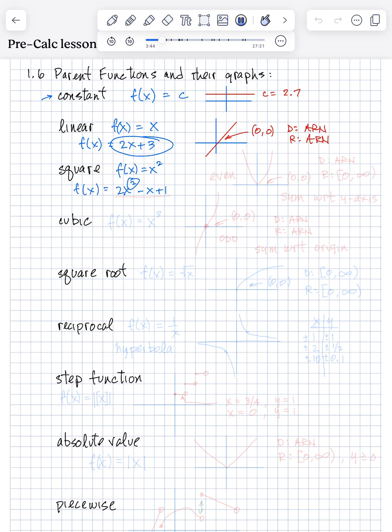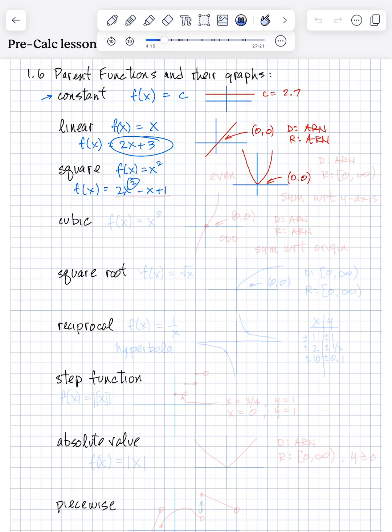And so if we wanted to graph that, we know this is going to be a parabola. So graphing the parabola, it's going to take this shape. Again, the intercept of x squared, the parent function, is 0, 0.